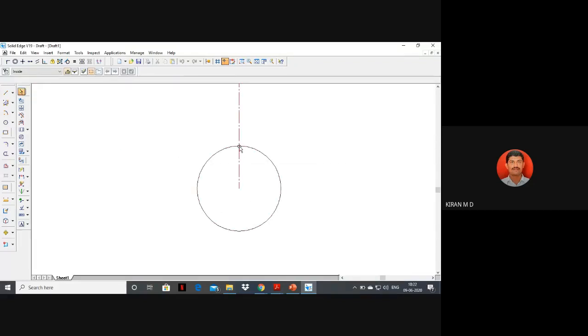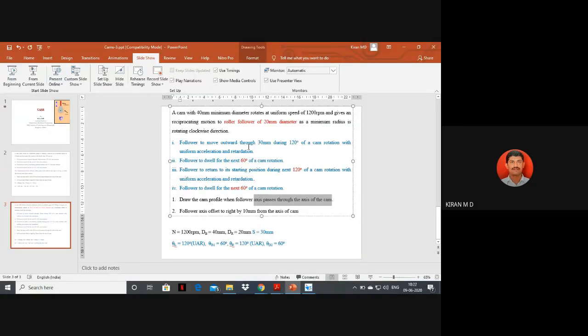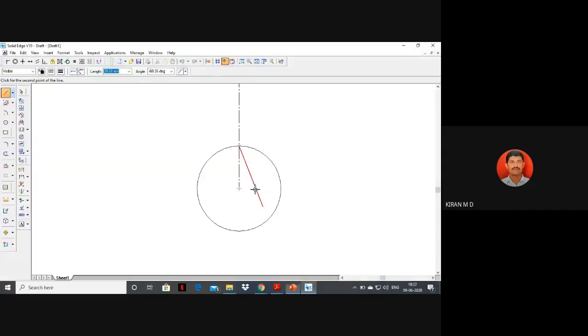The diameter of the roller is 20 mm. So from this center, from this intersection point, you draw the radius of the follower. What is the diameter of the follower? It is 20 mm, so the radius is 10 mm. So draw the 10 mm. Then you take this as the center and draw the roller, which has diameter 20.